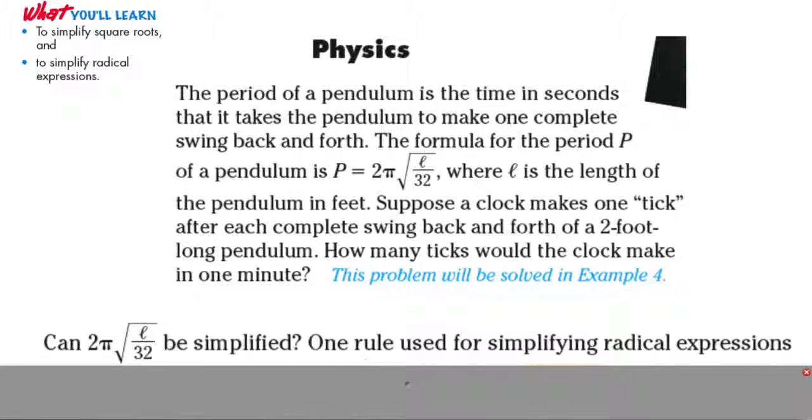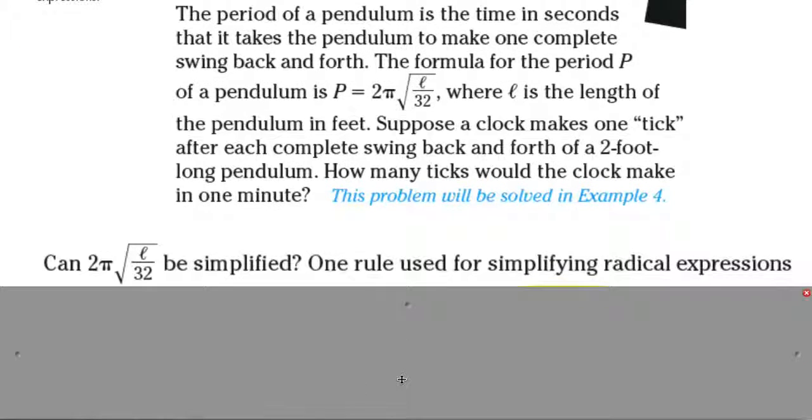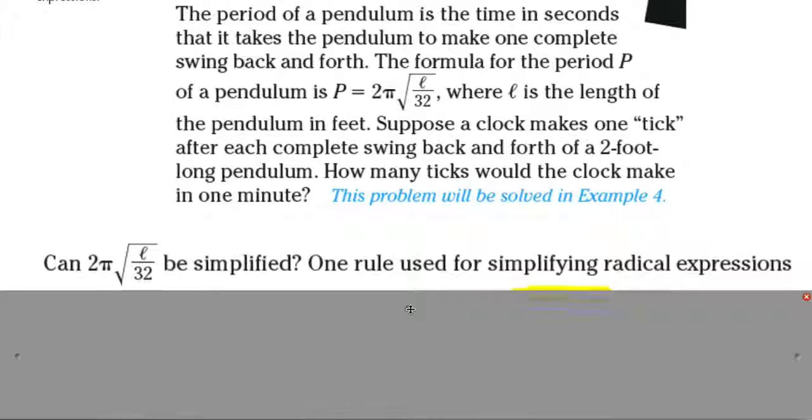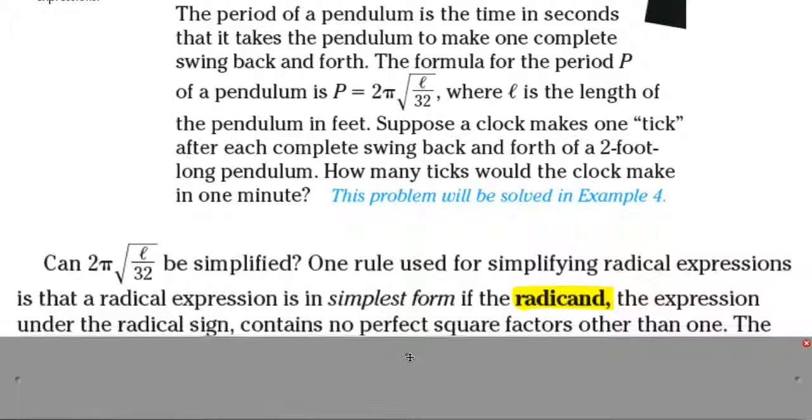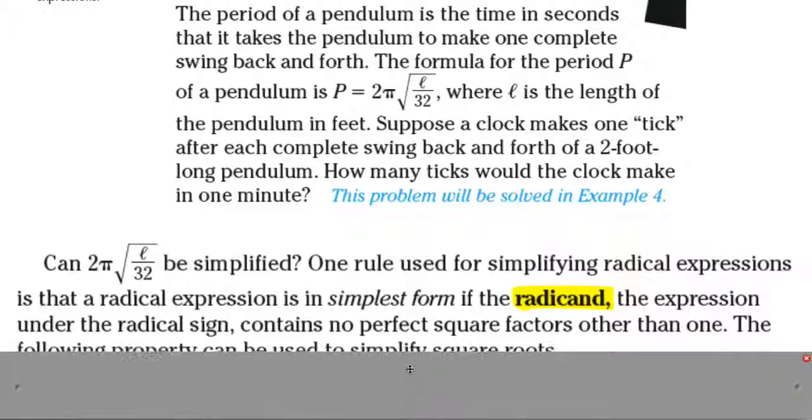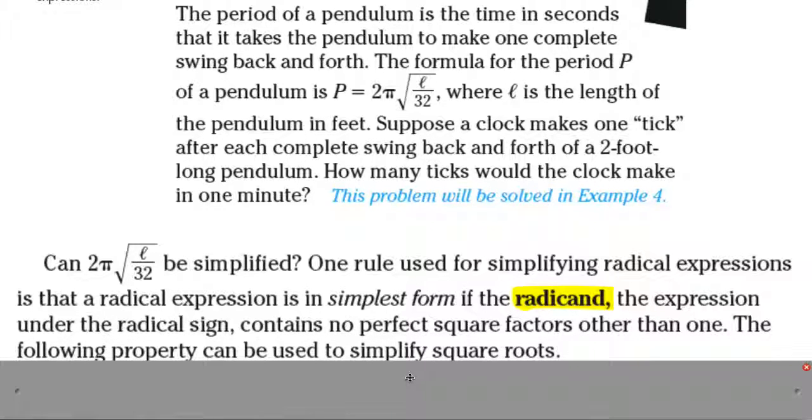So one rule used for simplifying radical expressions is that a radical expression is in simplest form if the radicand, the expression under the radical sign, does not contain any perfect square factors other than 1.